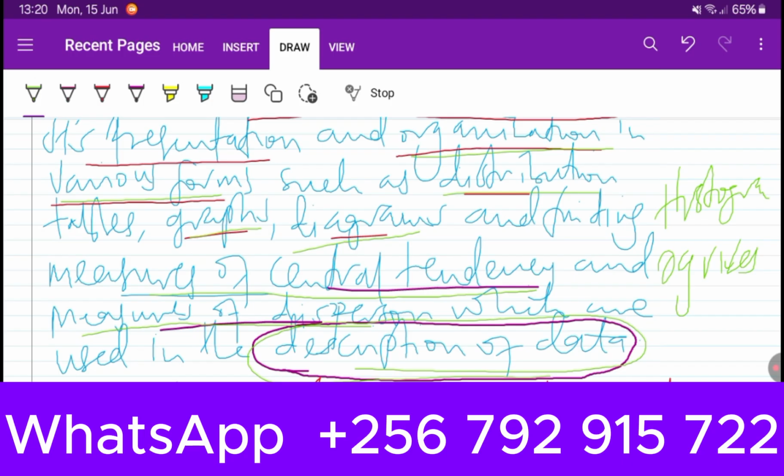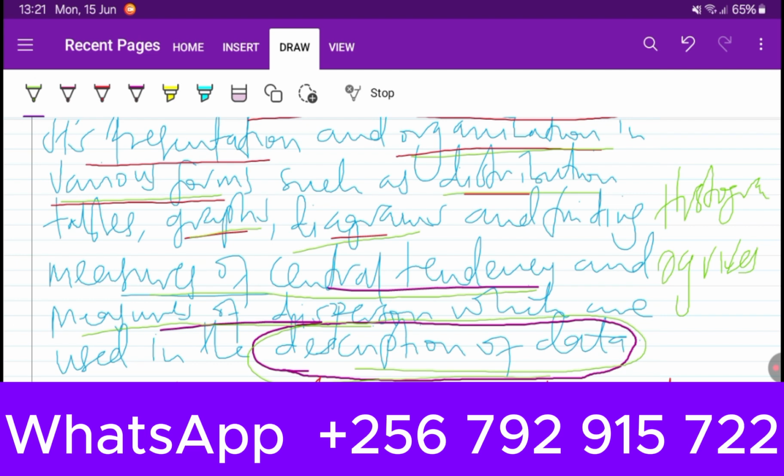So all these aspects, the graphical and the numerical procedures, are used to summarize and process the data into meaningful information that we can use to understand the given set of data. So descriptive statistics looks at those key different items.